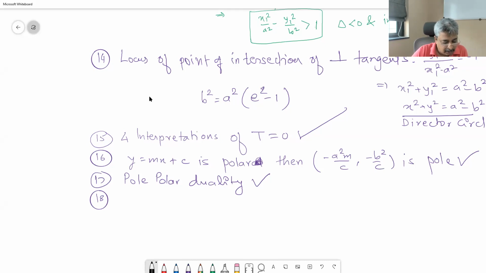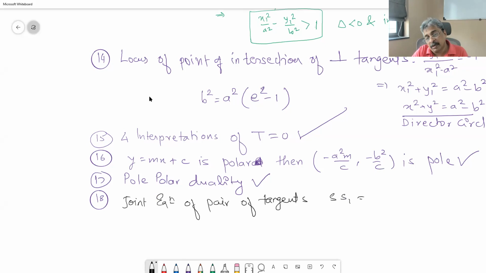18. Joint equation of pair of tangents. SS1 is equal to T square. 19. Equation of chord in terms of midpoint.